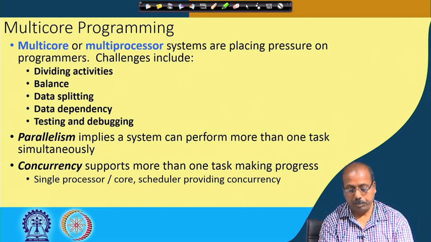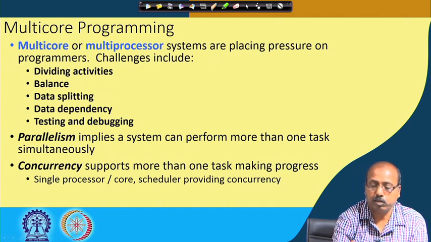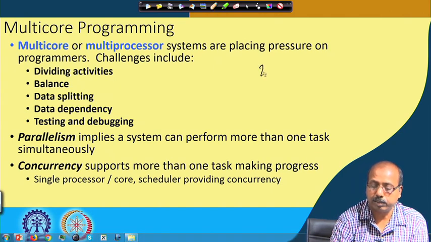A typical example is matrix multiplication, where we have 3 nested loops: for i equal to 1 to n, for j equal to 1 to n, we have C[i][j].